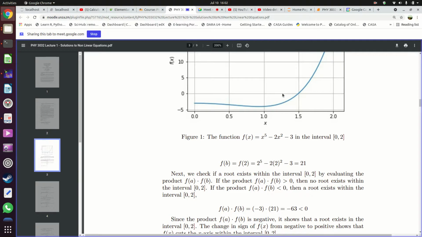Then we find out if there is a solution between A, which is 1, and C, which is 1.25. As you can see from the graph, there is no solution because the graph is still below the x-axis between 1 and 1.25. At 1 the function is negative, and at 1.25 the function is still negative. So there won't be any solution.